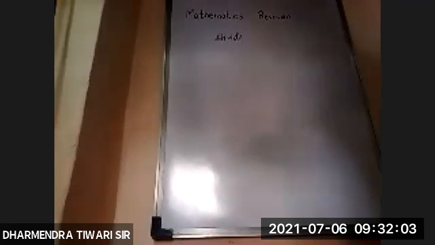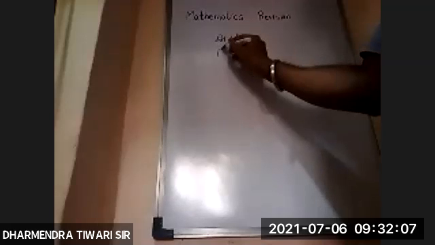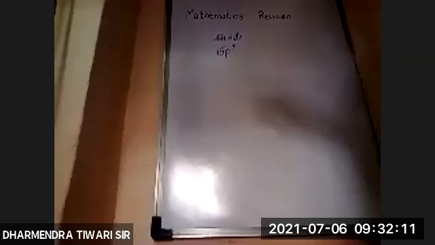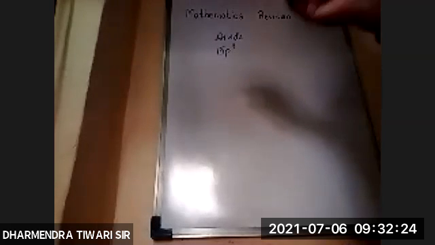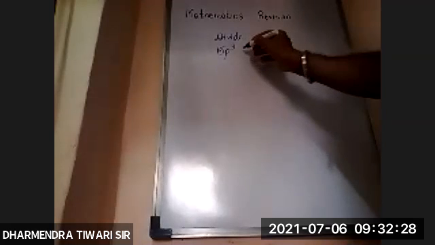Now, how to divide two polynomials? We're having 15p cube divided by 3p.